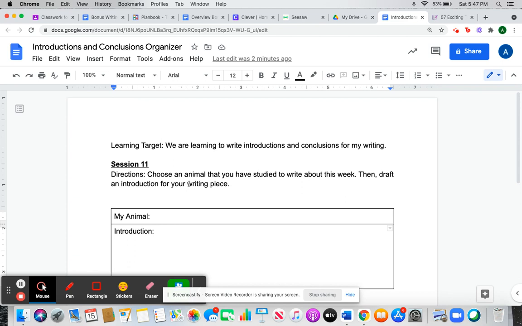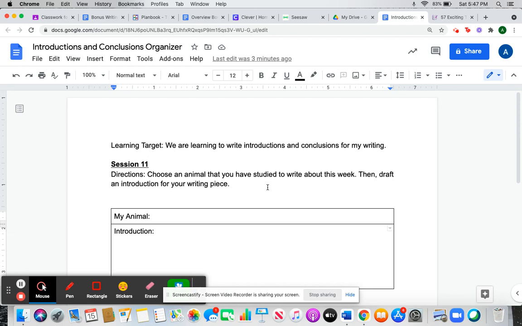So you are going to choose an animal that you have studied, that you've read about over the past few weeks, to write about this week. You're going to pick one animal. You can either pick frogs, penguins, sharks, or whatever animal you studied last week.